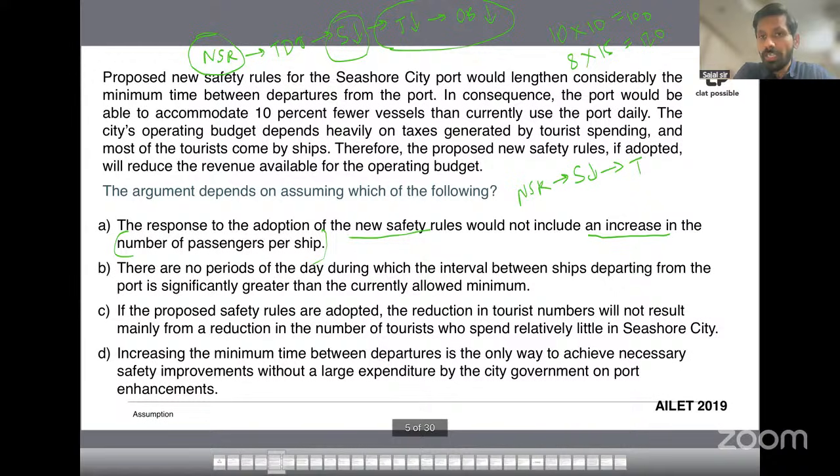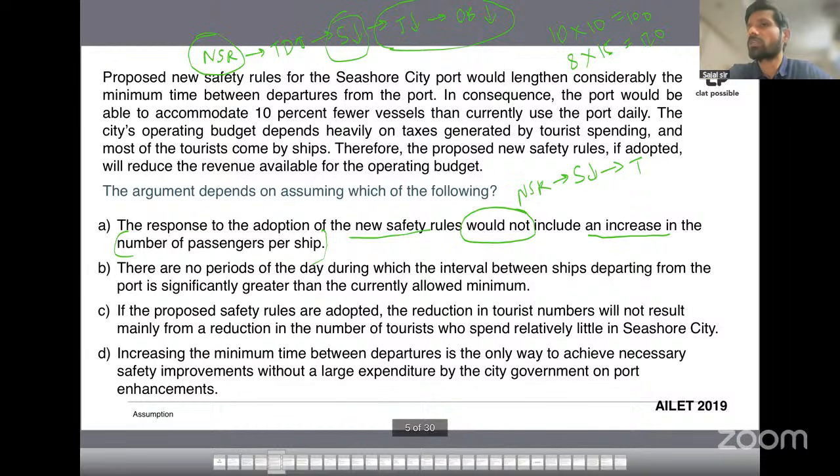So, in order for the argument to hold good, it is necessary that it does not include an increase in the number of passengers per ship, right? So this becomes that protecting assumption, right?